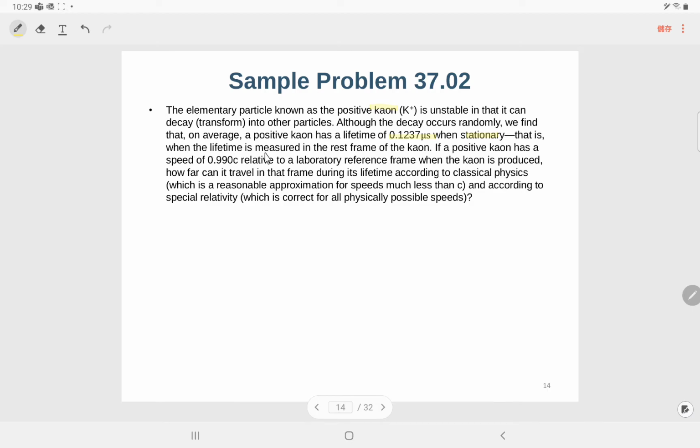So that is when the lifetime is measured in the rest frame of the kaon. If a positive kaon has a speed of 0.99 c relative to the lab reference frame when the kaon is produced, how far can it travel in that frame during its lifetime according to classical physics, which is a reasonable approximation for speed much less than c, and according to special relativity, which is correct for the physically possible speed.